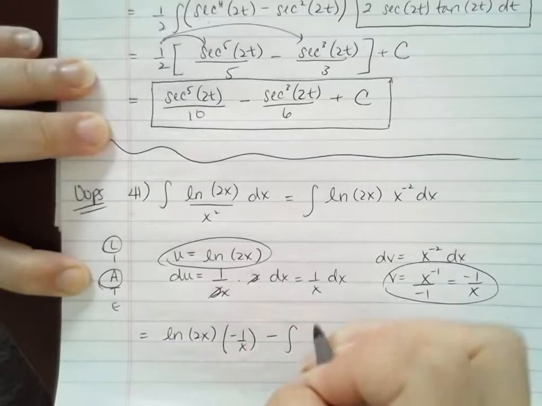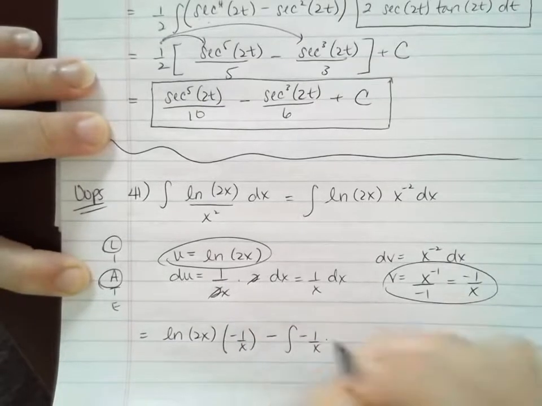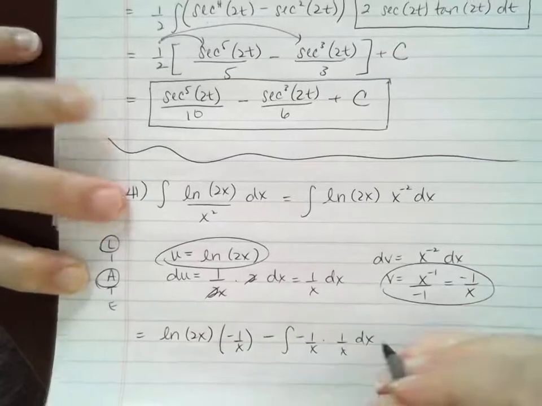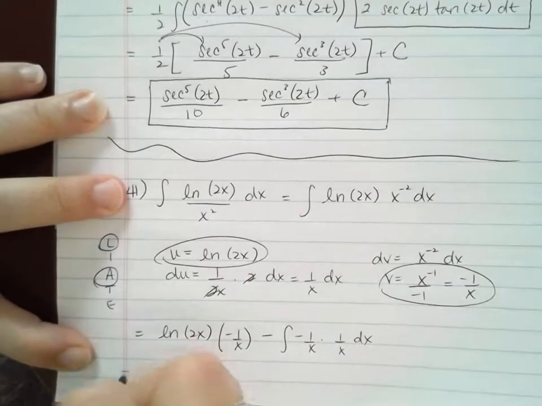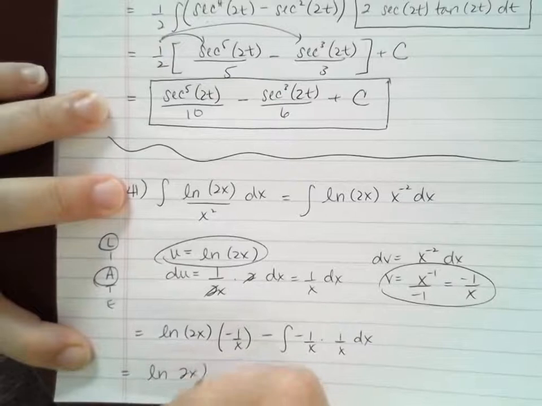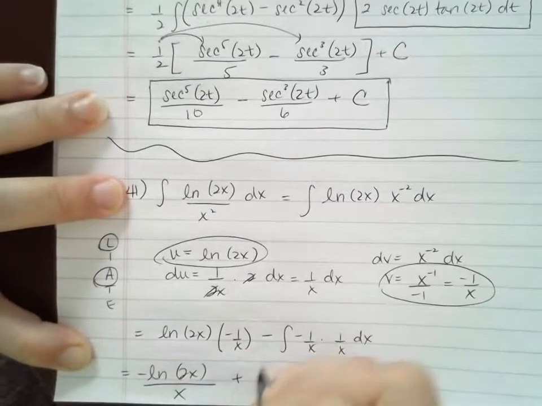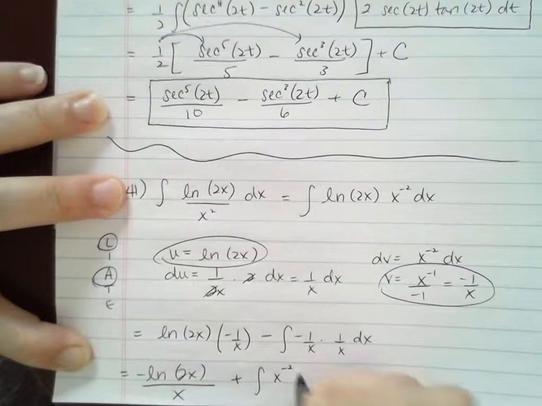minus the integral of v du. Clean this up a little bit. I've got the negative natural log of 2x over x plus the integral of x to the negative 2.